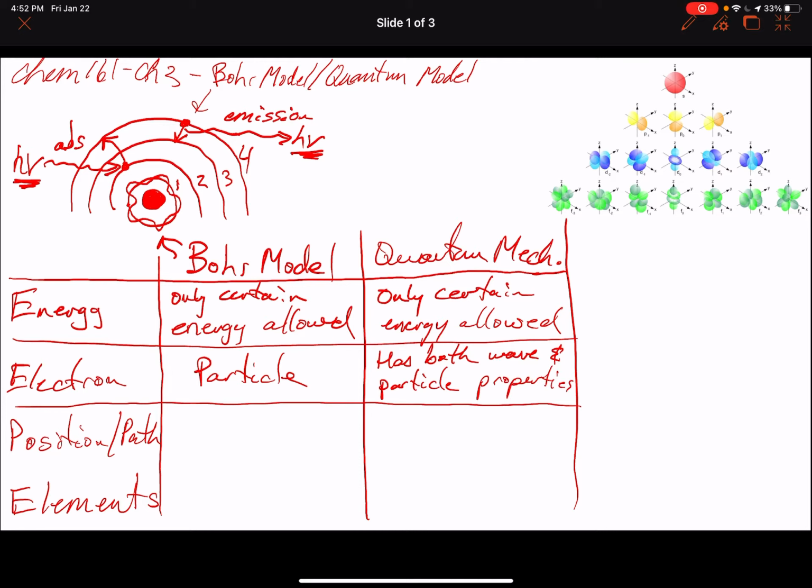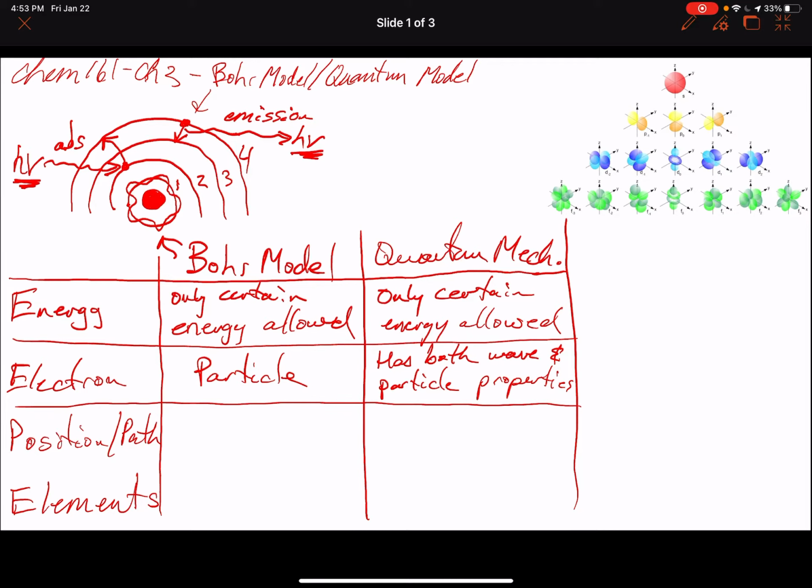So we've got some work to do to evolve our model to show that the electron can exist only as a wave and not have any particle concepts in certain cases.